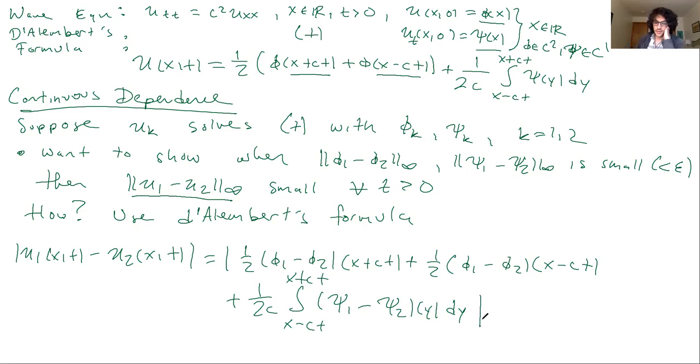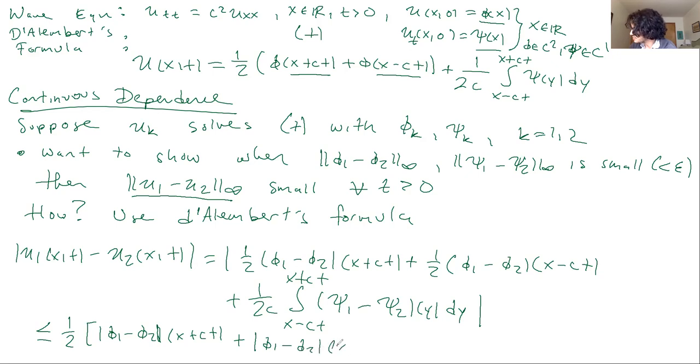So we can bound this by passing in the absolute values that we have. So first of all, we can upper bound this part by just taking absolute values of phi1 minus phi2 at x plus ct, phi1 minus phi2 at x minus ct, okay?